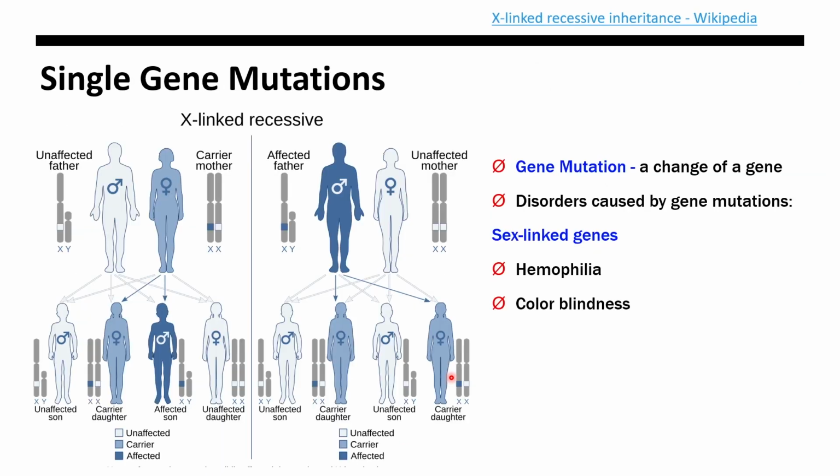In single gene mutations, sometimes the mutation occurs in the sex chromosomes, for example, X-linked diseases. X-linked means the mutation occurs in the X chromosome. If it is X-linked recessive, as I told you before, in order to have the disease you need to have 2 copies.